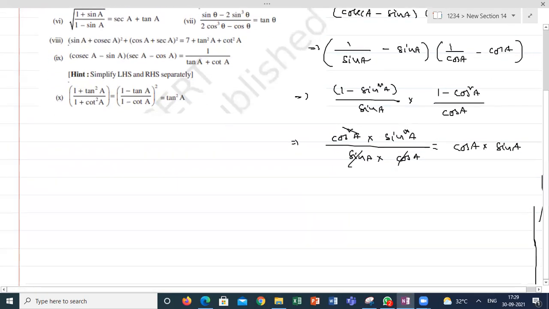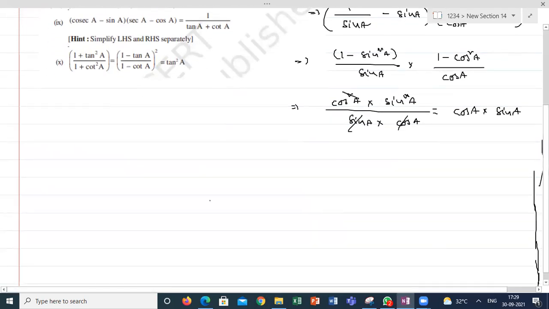But I want everything into tan. How can I make this into tan? It's very simple. I'm taking RHS, 1 by (tan A plus cot A). I'm converting everything into sin and cos.